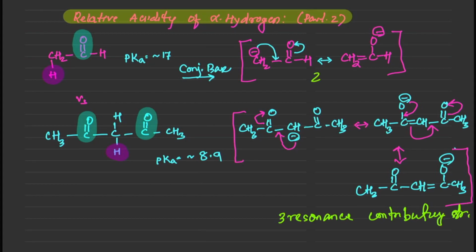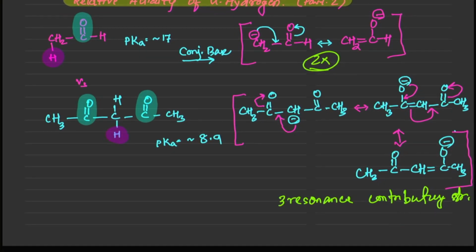Here only two. When we have more resonance contributing structures, that means more stable. More contributing structures equals more stable.